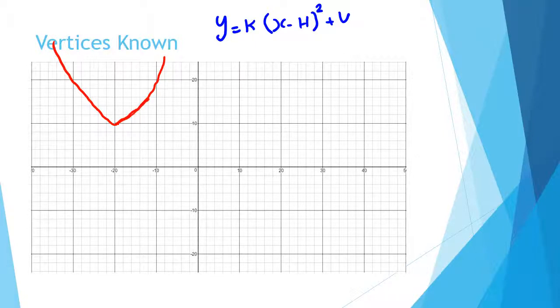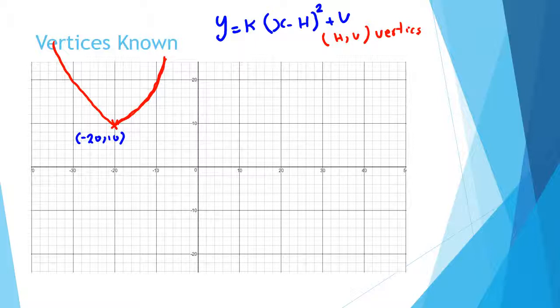Let's assume that's a parabola. This is our vertex here. So h and v are your vertex. In this case, the vertex is -20, 10.